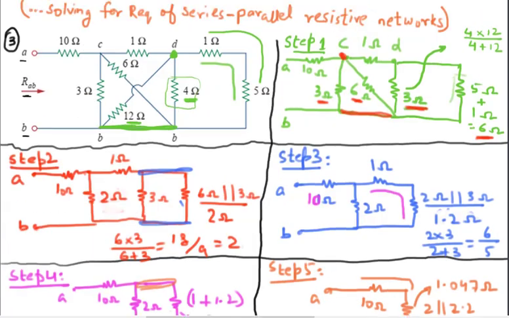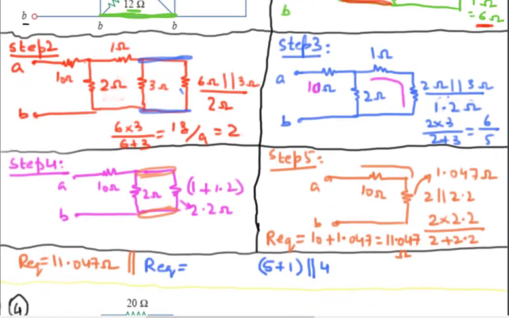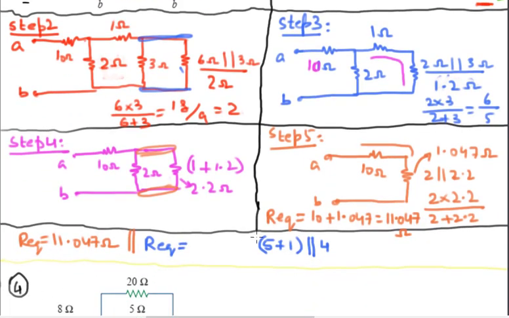The next thing that's happening is that whatever result comes out of that 5 plus 1 parallel 4, that whole result is in parallel with 12 ohms.